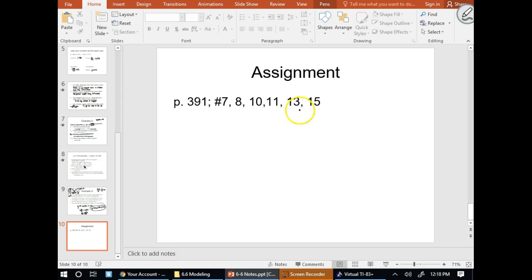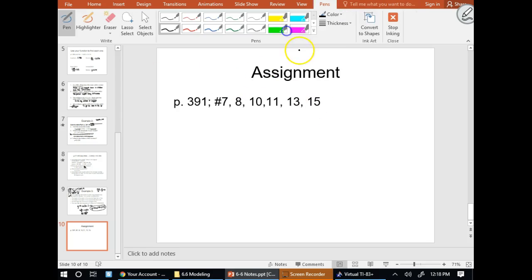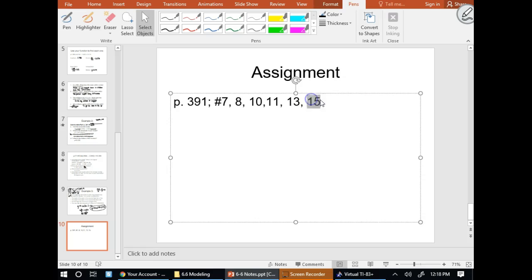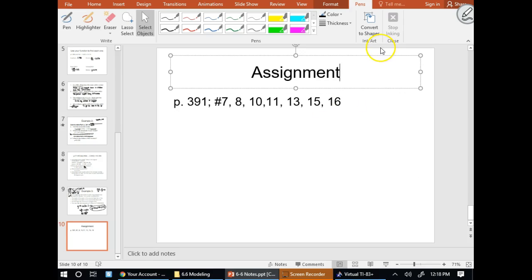And, oh, I need to add one more. We're going to do 16, but for 16, they make the problem way too difficult. So I'm going to give you some information that will make it much better.